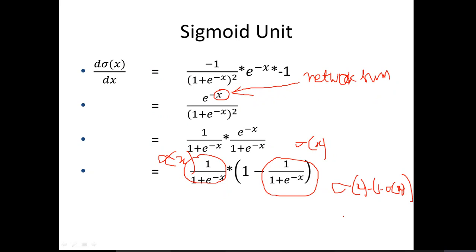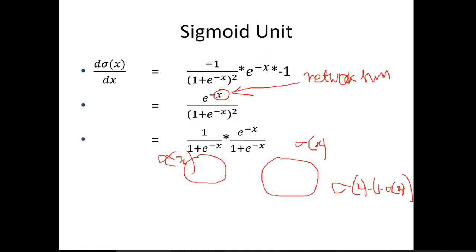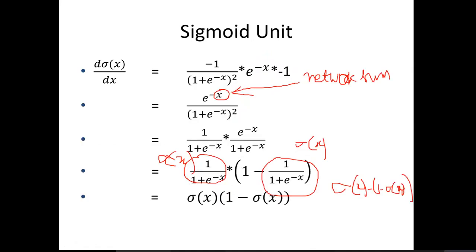Because x is a network sum, we apply the sigmoid function, then what you get is the output. So this is nothing but O. So O into 1 minus O. O is the output from the model. Because in the previous slide, I said O of x0, x1, x2, ..., xd is nothing but 1 by 1 plus e power minus net. So that's how this is a very elegant property of the sigmoid unit.